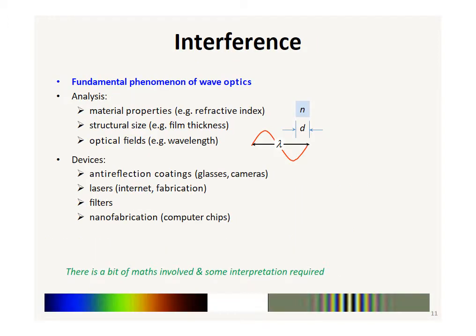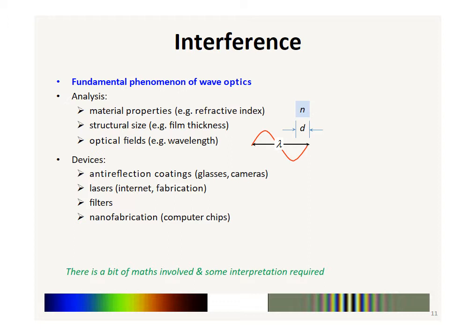When we see two or more beams acting at once and we see a variation or a modification of the intensity, we say that we are seeing an interference effect. It's a fundamental phenomenon of wave optics.